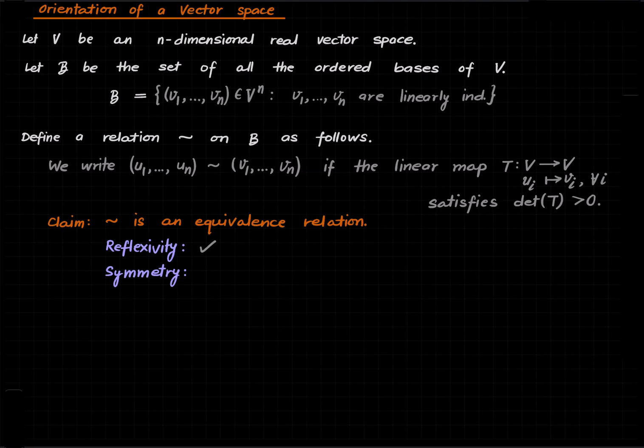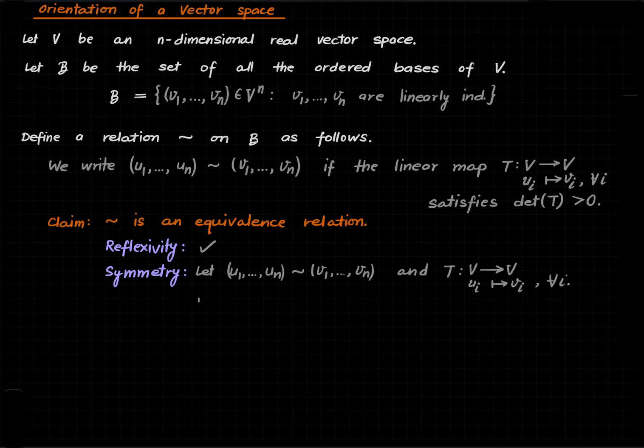well, suppose we choose two ordered bases and we assume that this is equivalent to that. Maybe I'll write this one, although it's very simple. So let u1 up to un be equivalent to v1 up to vn and T be this linear map. What do we want to do?